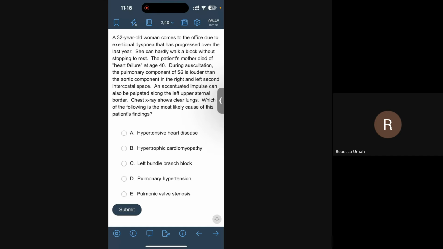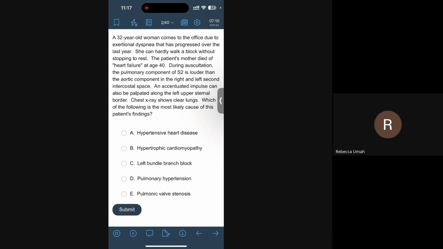Which of the following is the most likely cause of this patient's finding? First, try to diagnose the patient. A 32-year-old woman comes to the office due to exertional dyspnea that has progressed over the last year.